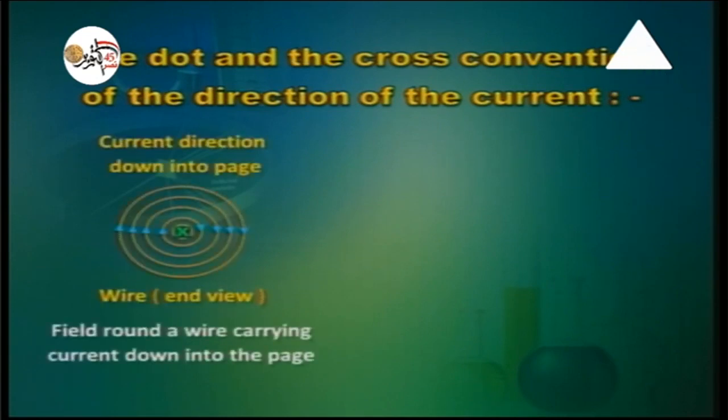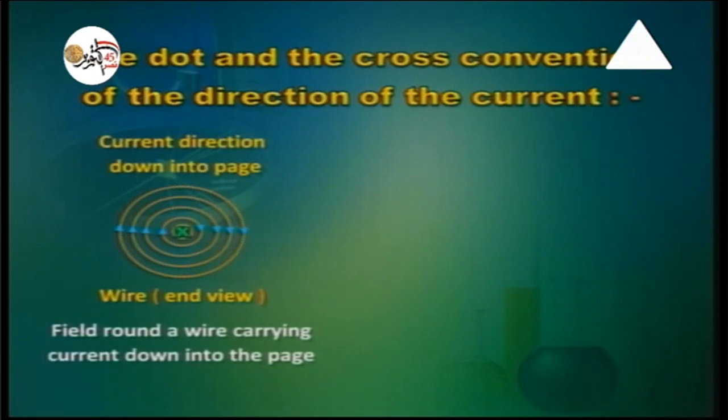In front of you we've got the symbol X, which means we've got a wire and the current is passing down into the wire. The field will be as in the figure shown in front of you.